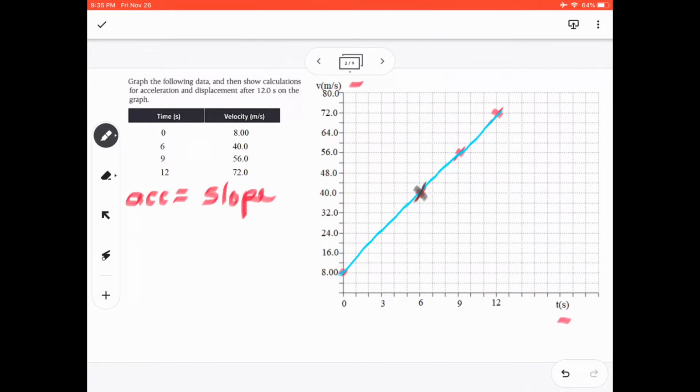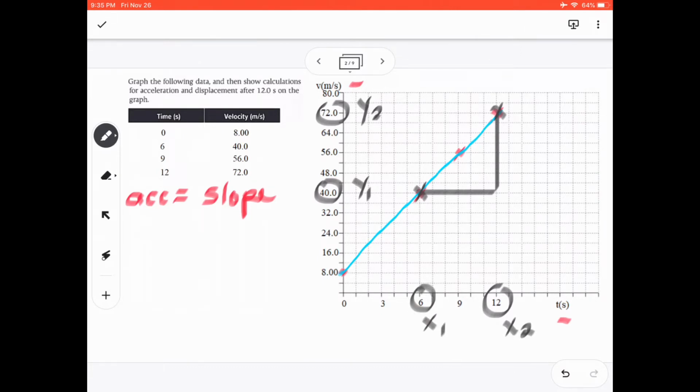This one, 40 and 72. Okay, these are the corresponding points. The y2 will be 72 and the y1 is 40. x2 will be 12 and x1 will be 6. Okay, so the acceleration is equal to the slope.